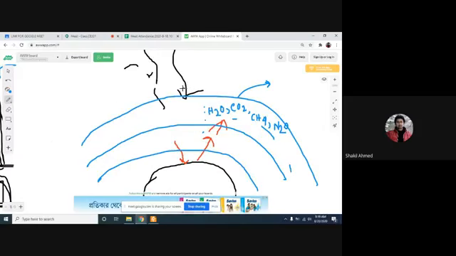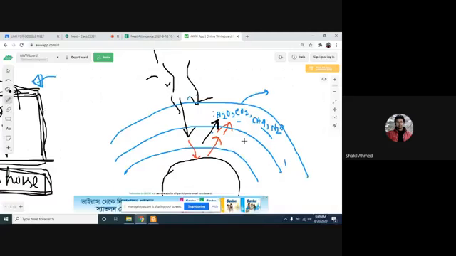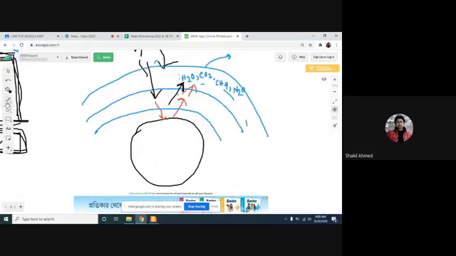They can move in this direction, that's okay, but when they try to get past in this direction, that's not possible because now they have a much larger wavelength and they cannot pass this layer of gases. That means it keeps the Earth warm to a temperature of approximately a global average of 15 degrees Celsius.